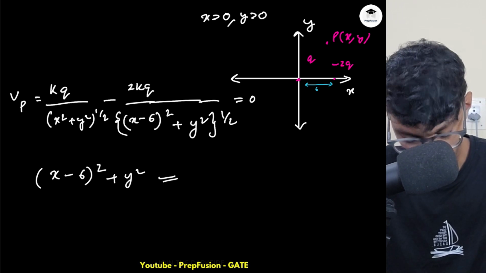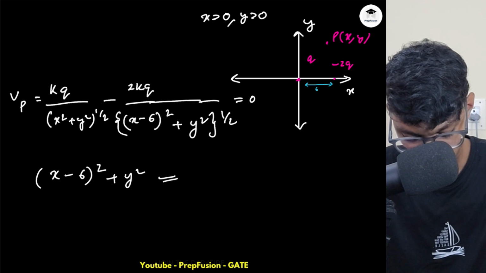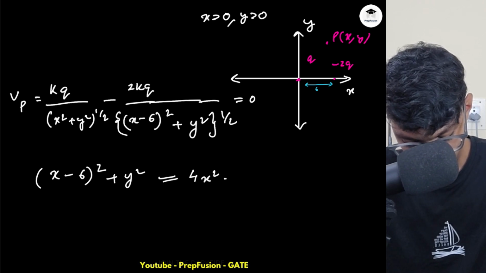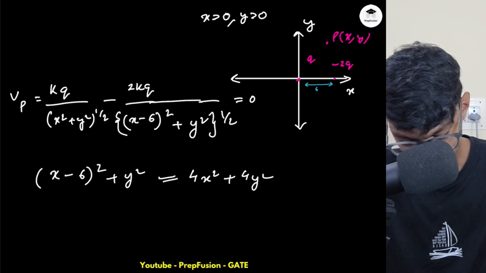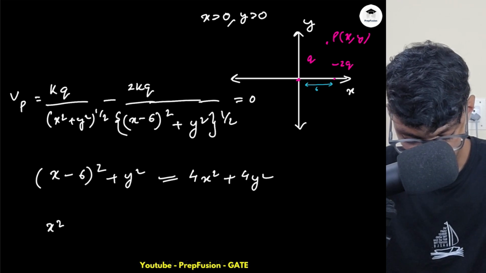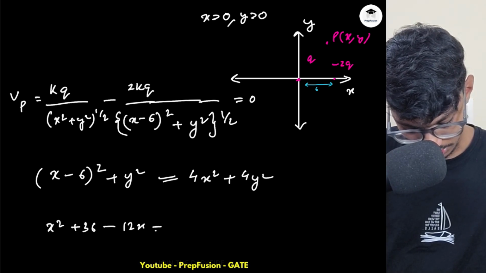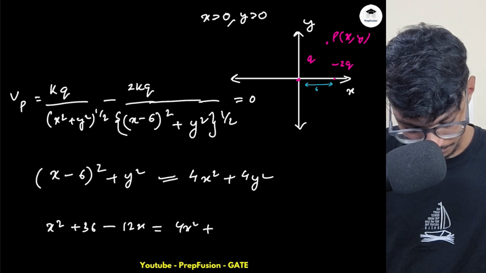Now if I square on both sides, what will happen? This will be 4x square plus 4y square, and this will come out to be x square plus 36 minus 12x, plus y square.